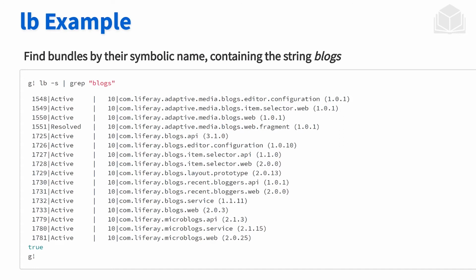Let's take a look at a couple of different examples. So here in this screenshot, we see that you can use piping, you can use grep to search for a specific string, in this case, blogs. So lb lists some bundles and then a specific string to grep for: blogs.